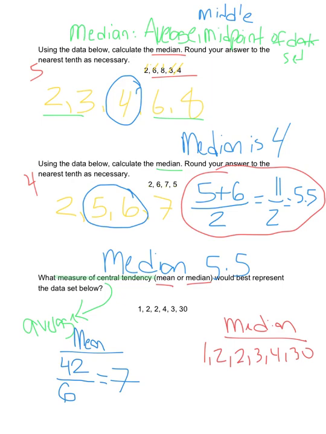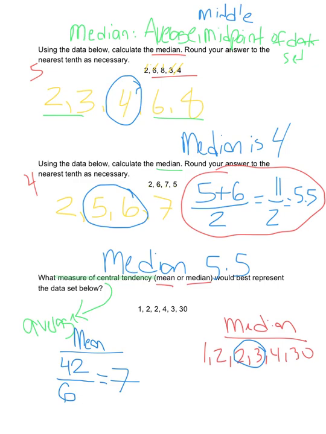Well, let's look: how many data values are there? 1, 2, 3, 4, 5, 6. There's an even number of data values, so I'm going to have to choose the 2 middle numbers. In this case, the 2 middle numbers would be 2 and 3.